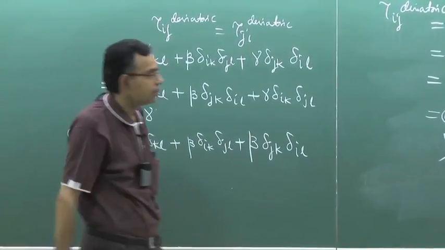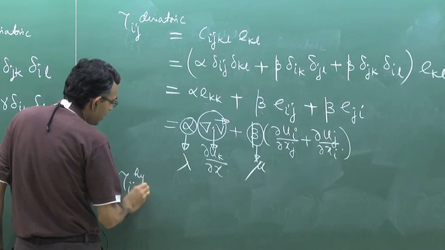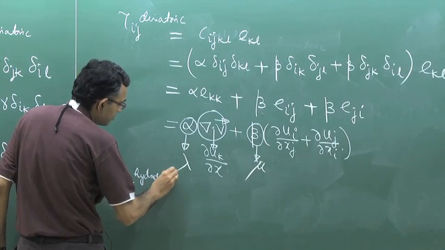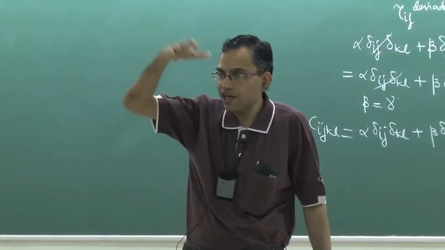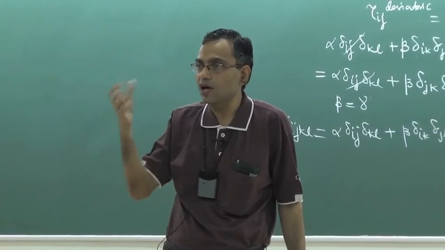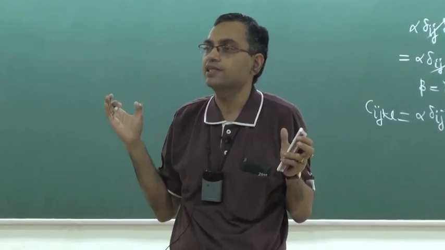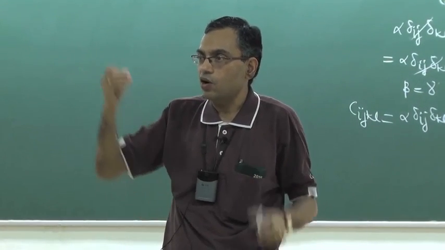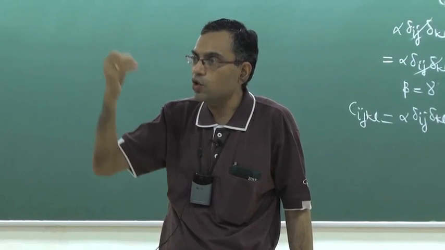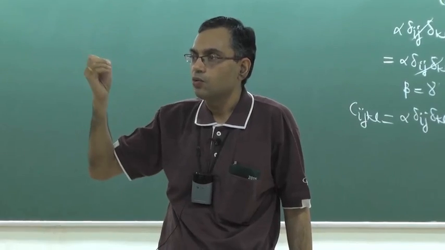Okay. So, this is tau ij deviatoric. What is tau ij hydrostatic? Hydrostatic stress is due to the pressure acting on the fluid element, because the hydrostatic stress is the only component of stress when the fluid is at rest. So, if the fluid is at rest, the component of stress acting on it is the normal component of stress, and that normal stress is minus P. Why is it minus P?